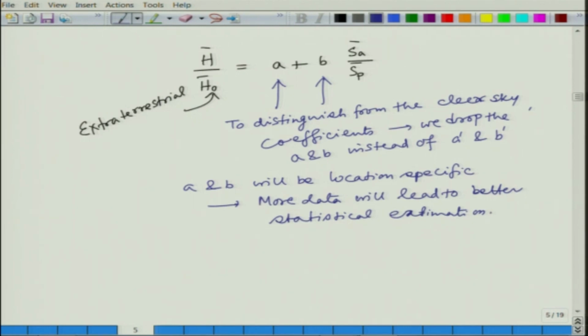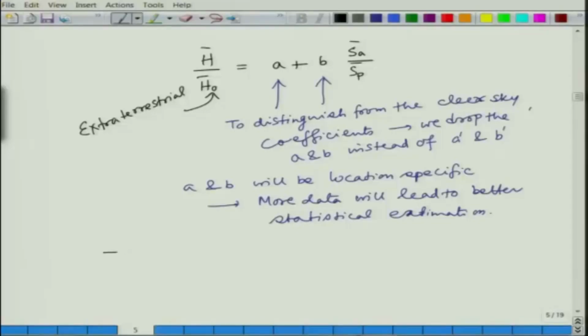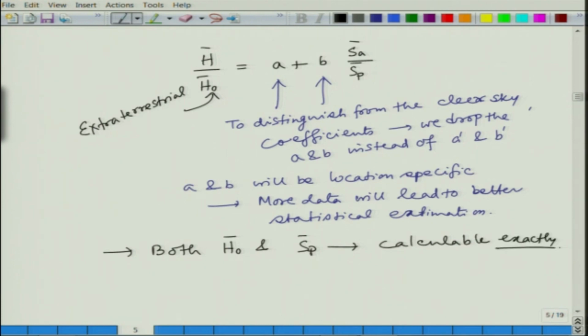Now, one thing is that whenever we use this extraterrestrial thing, we have certain advantages as well. Now, both this H prime naught and S prime naught we can calculate exactly. Okay. We do not have to depend on data, but we can calculate it exactly.